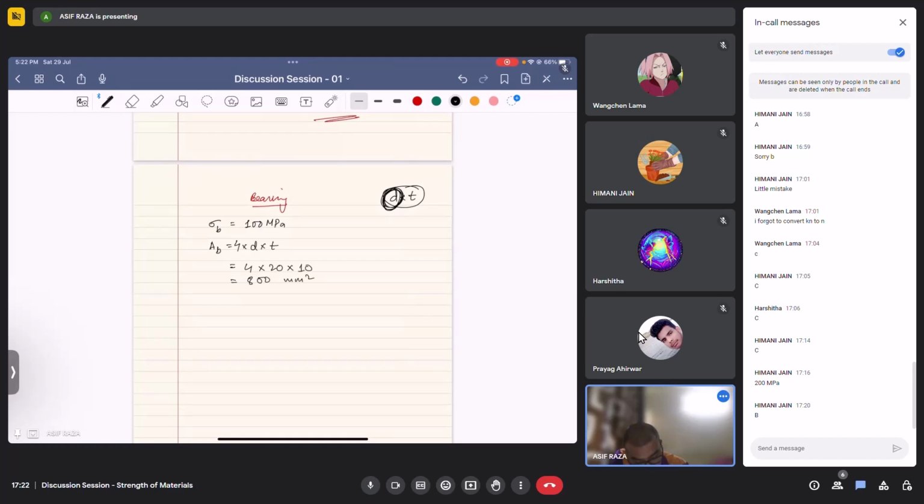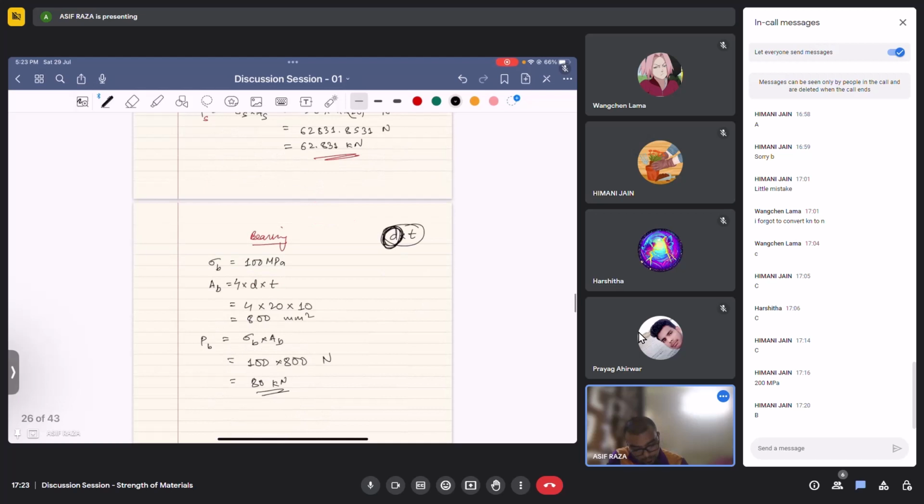Consequently, allowable load in bearing failure is sigma b times Ab, that is 100 into 800, and this would be in Newton, that is 8 into 10 to the power 4, 80 kilonewton.